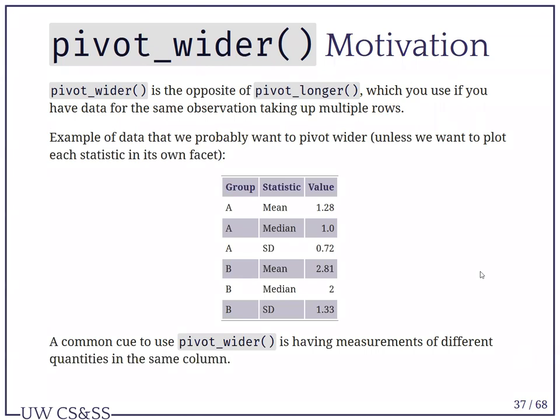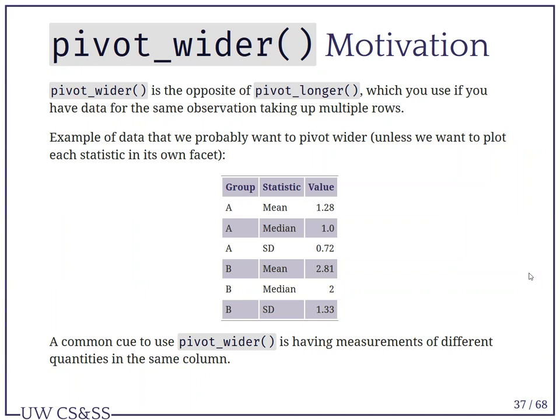Essentially, if there's any data that is spread too thin over our columns or multiple data inside of a column. So let's look at this example. We probably want to pivot wider unless we want to plot for some reason each statistic in its own facet.